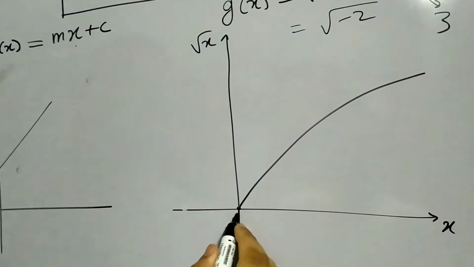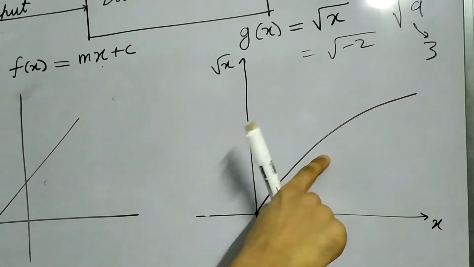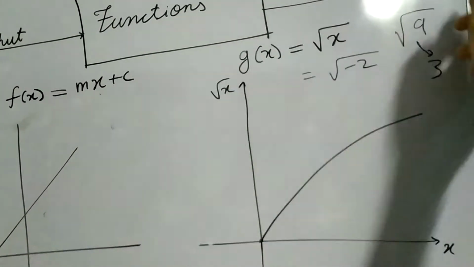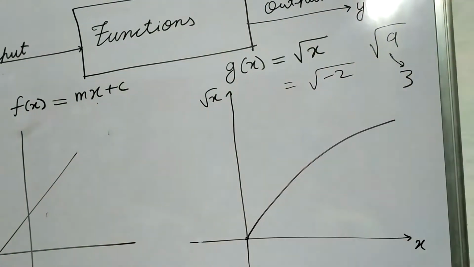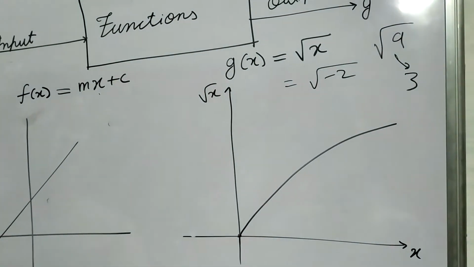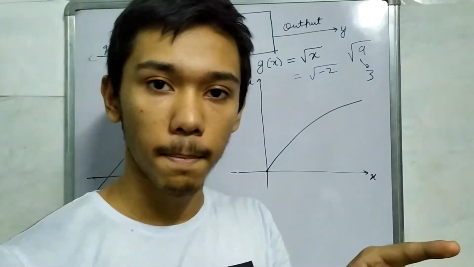At 0 it's 0. And for every positive x, it gives a positive value for y, not a negative value. And then as x increases, root x will also increase, and it will go on forever. So we have a limited set of values. Now, one x can give only one y.